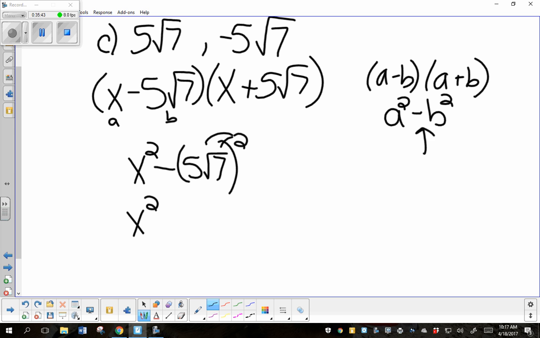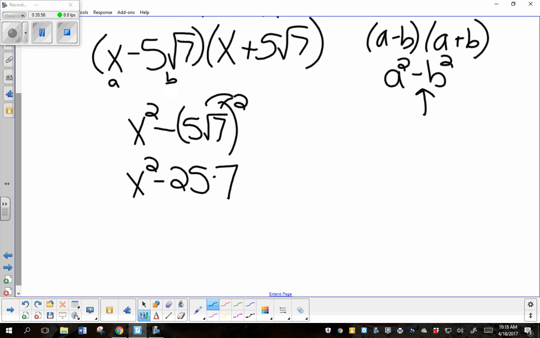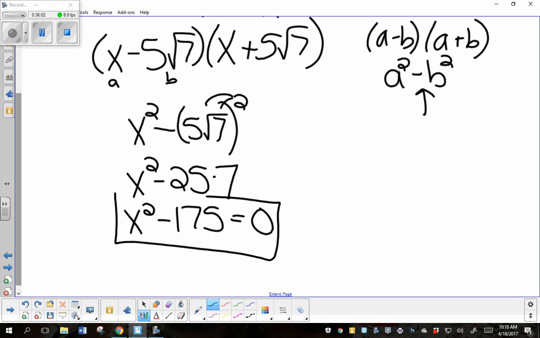So what's 5 squared? What's root 7 squared? 7. So we've got 25 times 7 right there. How much is 7 25s? Good. So we've really got x squared minus 175 equals 0. Good.